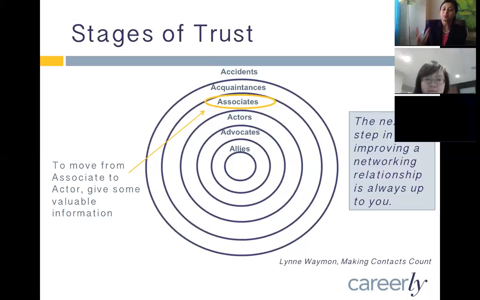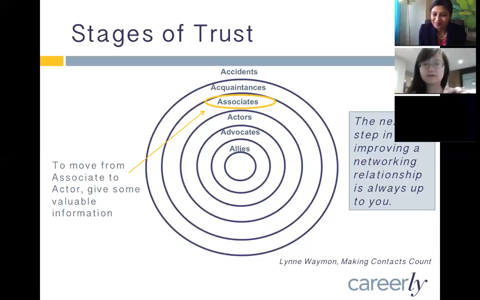Associates are people that you do interact with under different circumstances, right? So for you, your classmates are a group of associates. Your professors are a group of associates. Anyone at Hopkins, all the alumni, that's a group of associates, right? You're a national of which country?